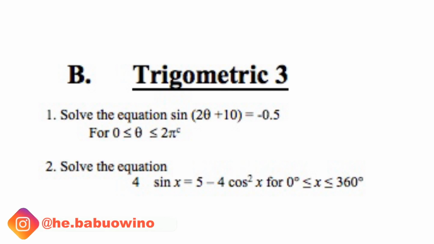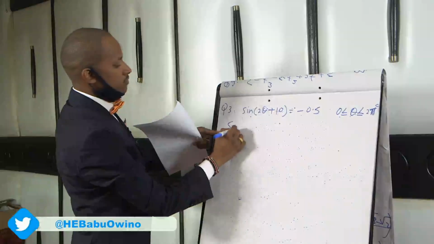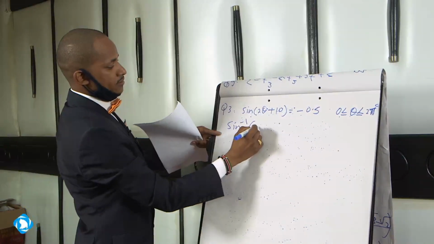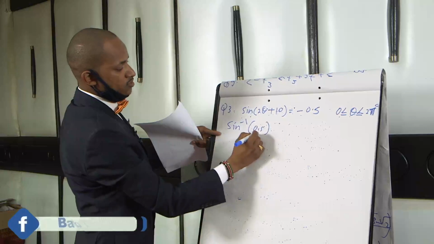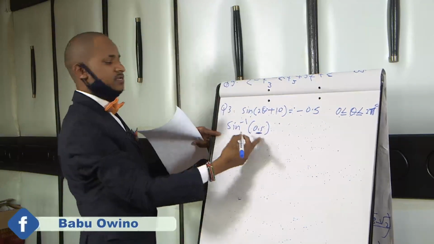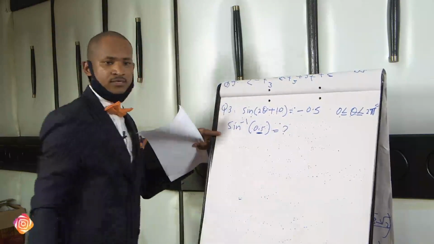This sign means pi radians. So we want to find the values of theta. Number 1, find an angle whose sine is 0.5. So which angle is that?